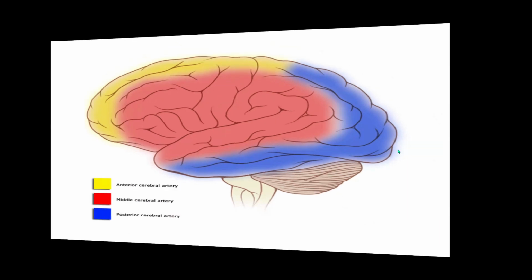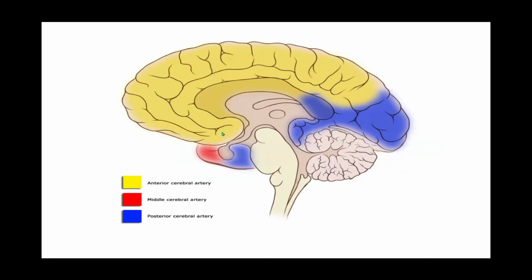When you look at this other area, most of the medial surface is supplied by the anterior cerebral artery. So understanding this image and merging it with an understanding of the homunculus can give you an insight into what parts of the body or what functions of the brain could be lost when several arteries become occluded.